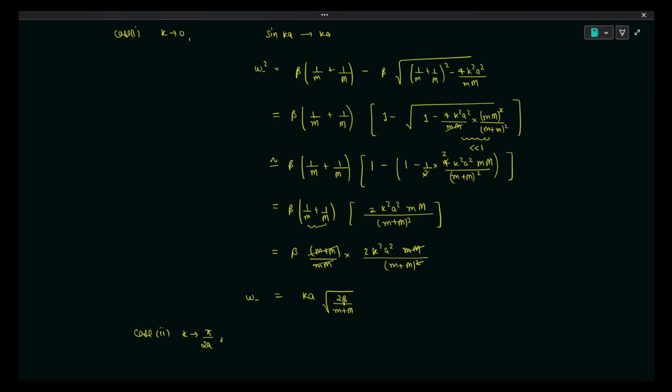So if we substitute this, then the sine ka value will be equal to 1.